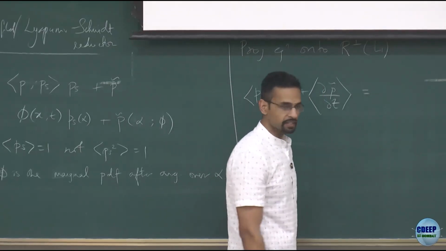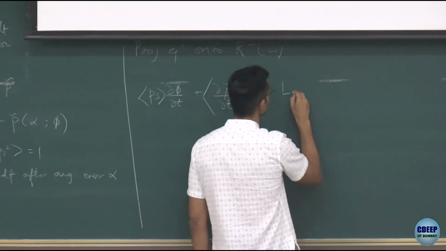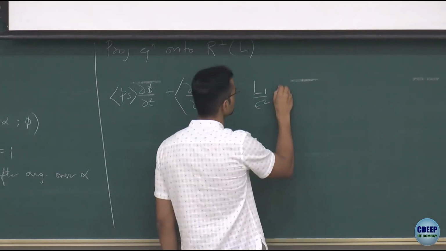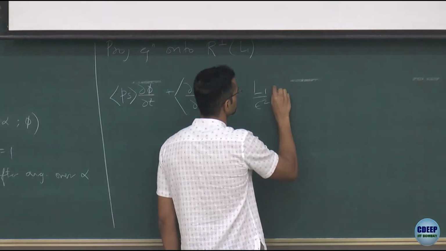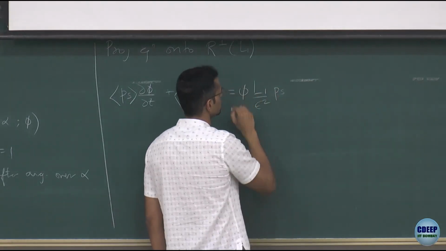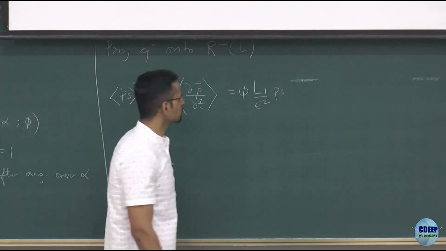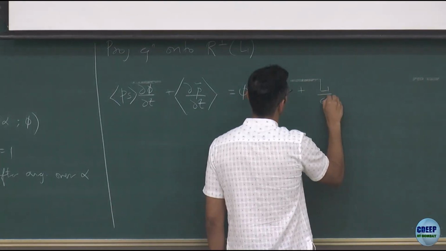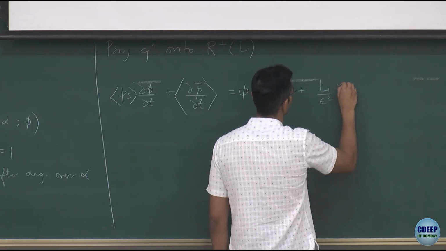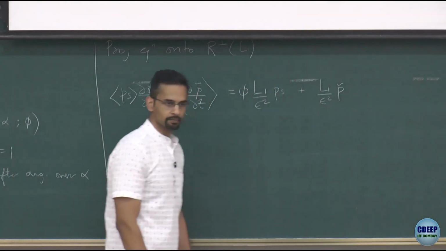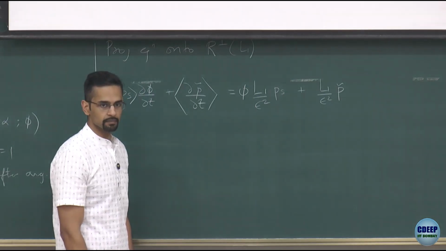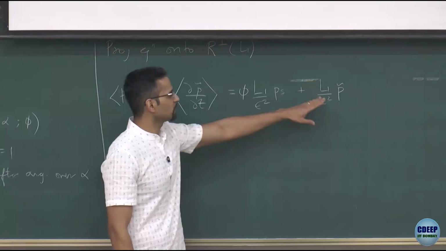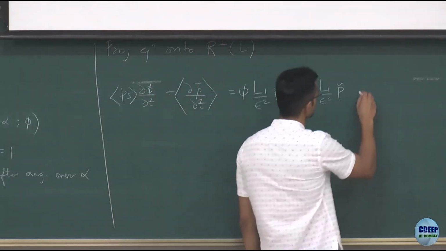Now I go to the other side. Let me write it in operator form. So I have L1 by epsilon squared acting on ps. The phi will come out. Phi doesn't depend on alpha. Okay, so L1 is acting on the ps, then L1 acts on p prime.